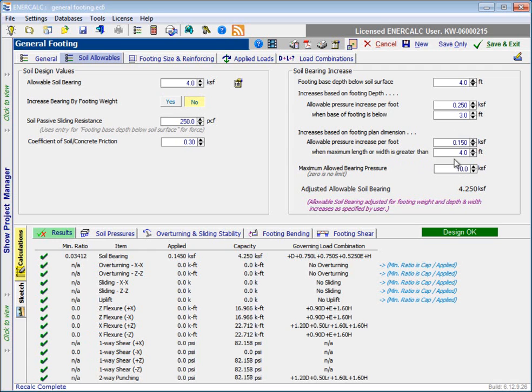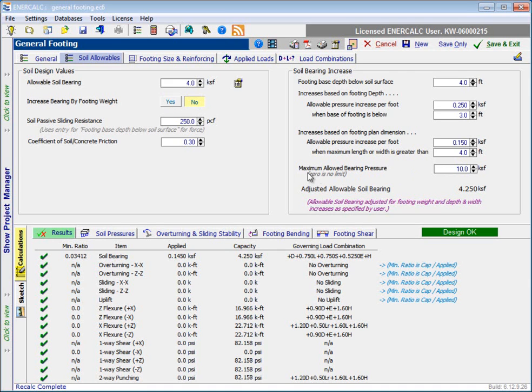Now, this change won't reflect immediately for our situation because we're jumping ahead just a little bit, but we haven't yet specified the footing size. So this would get adjusted as we start to provide a meaningful footing size, and we would start to take advantage of this benefit as well. I'll just leave these values in here. They're not based on anything real, but we'll just leave them set as is for now.